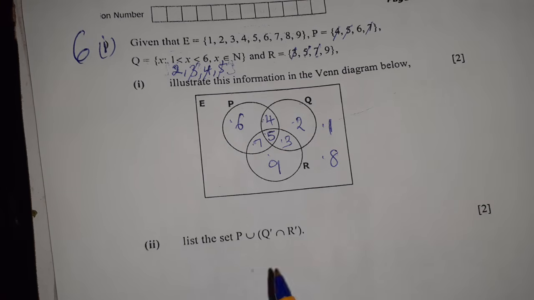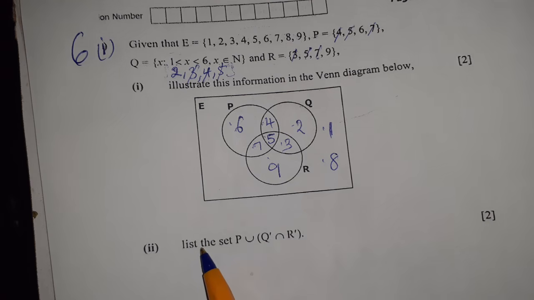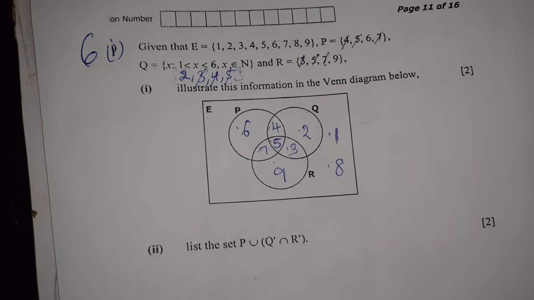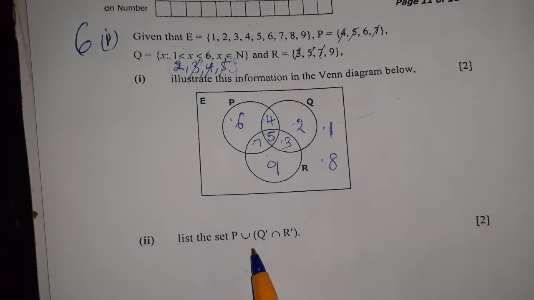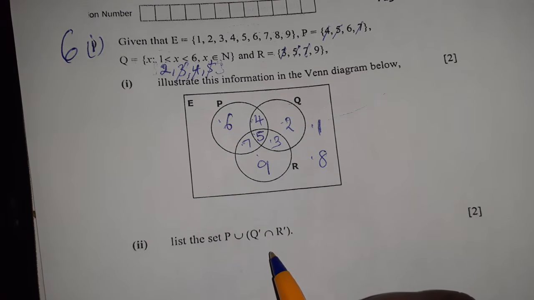Then you come to this one. Find the sets that are found in this. So we need to find the elements that are found in this set. That's what it means. So maybe, first of all here, it's very important.